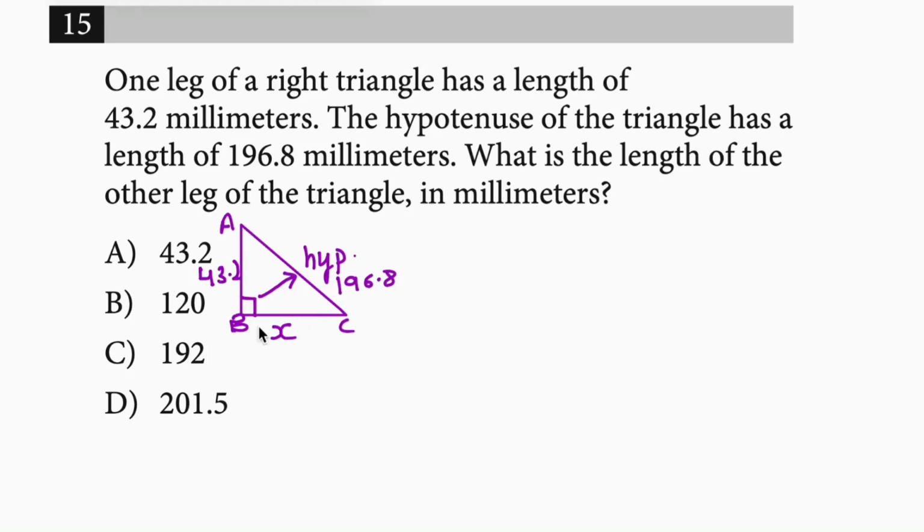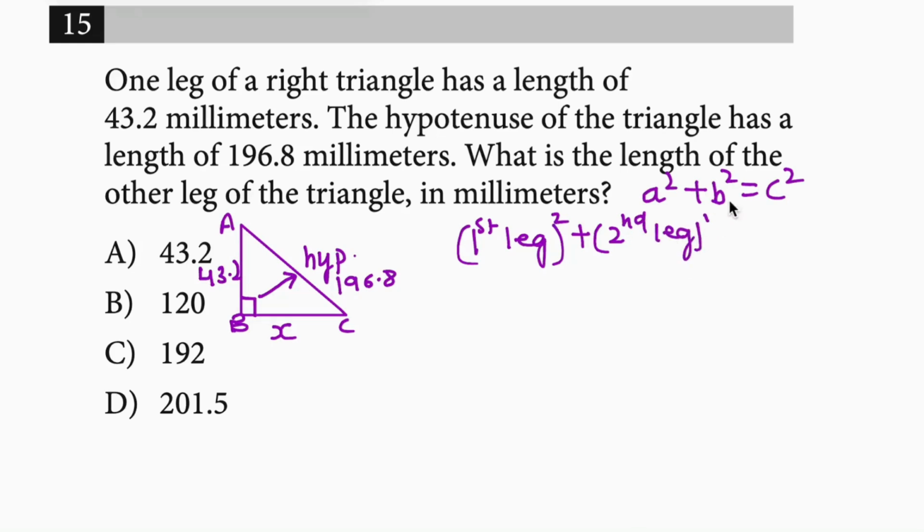Okay, now it's a right triangle and we are talking about three sides. So the rule used here is of Pythagoras. And Pythagoras says a squared plus b squared is equal to c squared. But instead of this, I love to write it as first leg whole squared plus second leg whole squared is equal to hypotenuse squared, because this way you will never forget what is A, what is B, and what is C. Here A and B are legs and C is the hypotenuse.